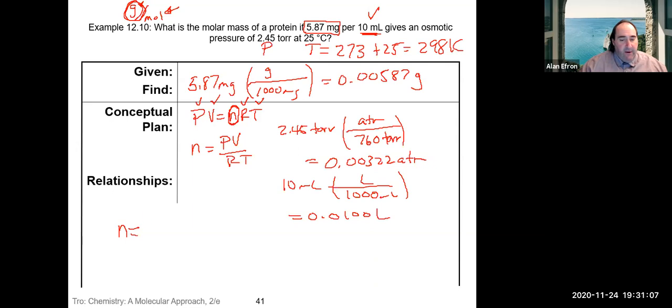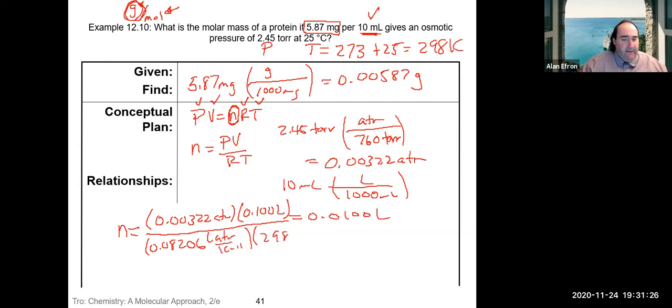n would be our pressure of 0.00322, our volume 0.1 liters, divided by our constant, which is R, and our temperature, which is in Kelvin.